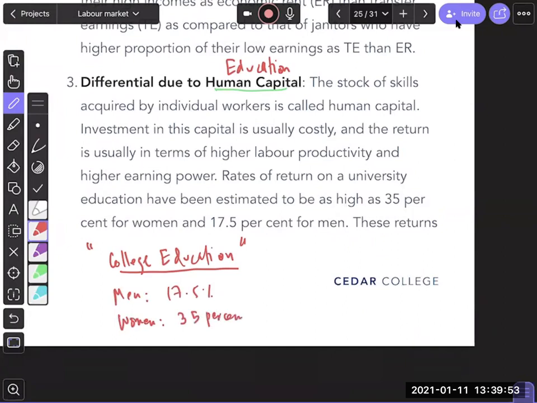This is found in the US: men and women get a very high return from going to college. Women actually get much, much more, 35%, which is huge compared to men. So getting education can be a reason why people are paid differently.